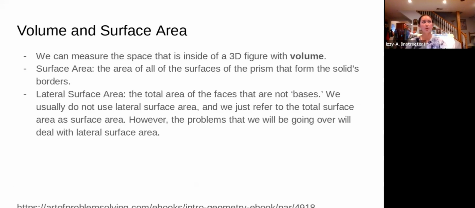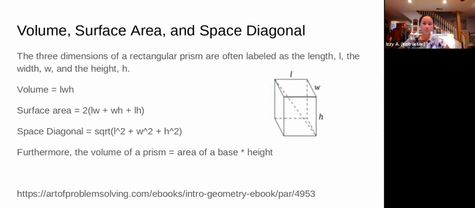But the problems we're going to go over use lateral surface area, so in case you come across it, you'll know how to approach those problems. At the same time, volume and surface area are not the hardest topics to cover.